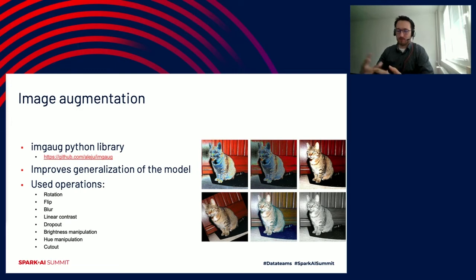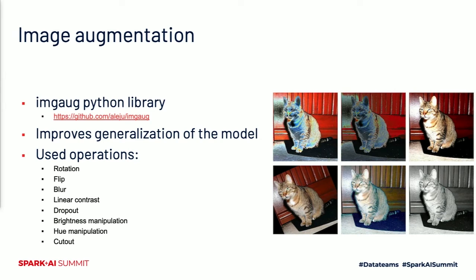The aim is that you are altering some features of the image used for training, but you are not modifying the context itself. As we can see, some basic image processing operations are applied on this image of a cat, but we can still recognize the cat.